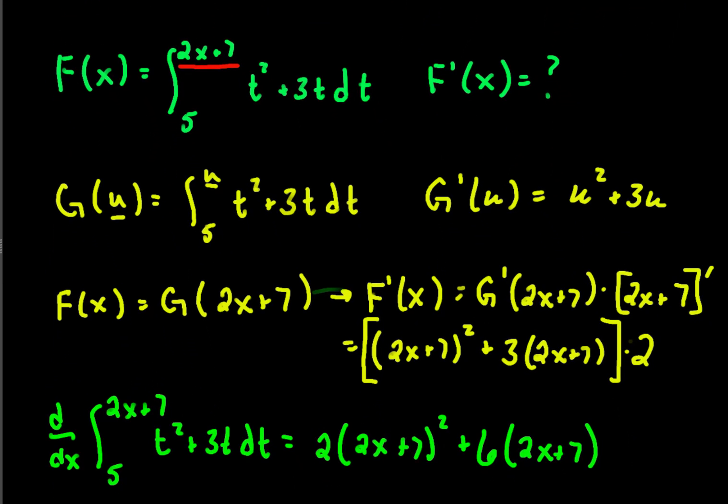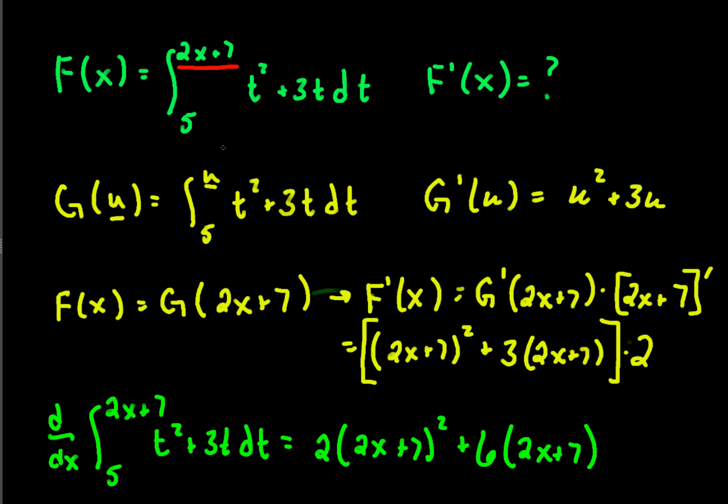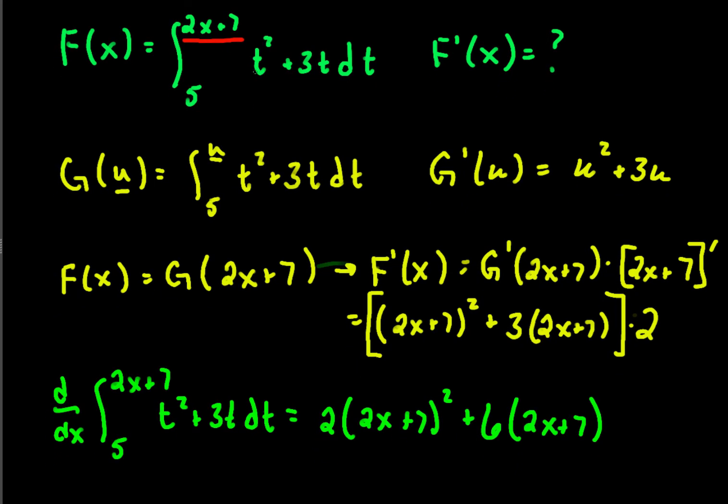However, if I have a chain rule here, so 5 to 2x plus 7, where the bounds don't agree, then the derivative is still, I put 2x plus 7 in for t, but then I've got to multiply by its derivative, by 2. So it's still 2x plus 7 squared plus 3 times 2x plus 7, but then I have to multiply by the derivative of 2x plus 7 as well.